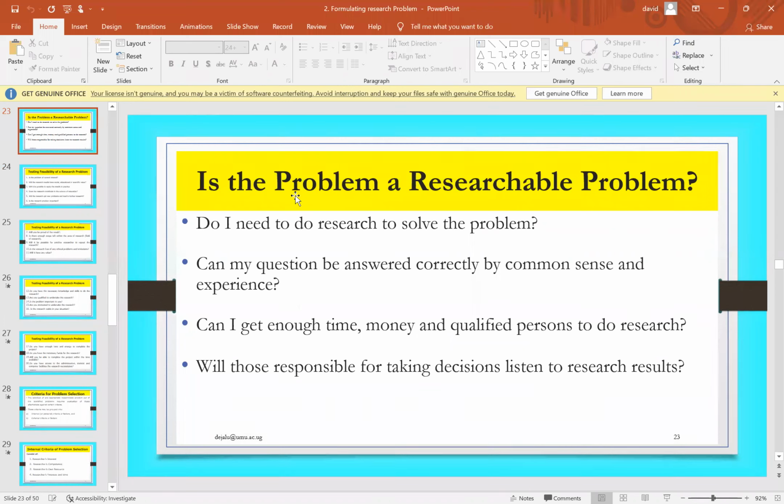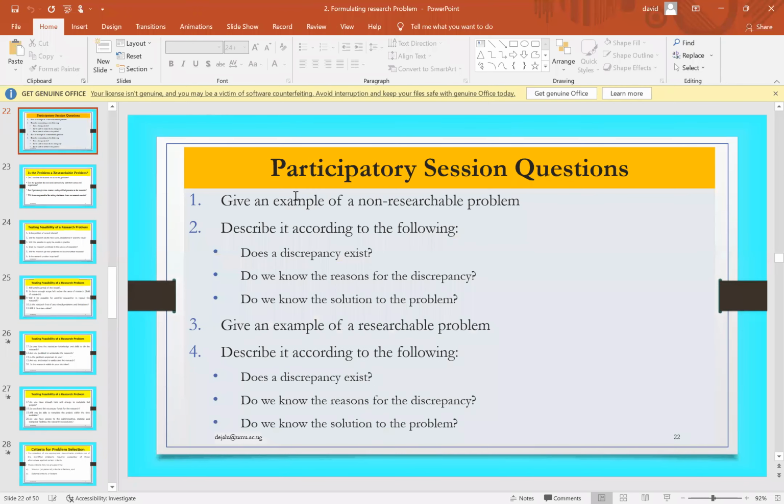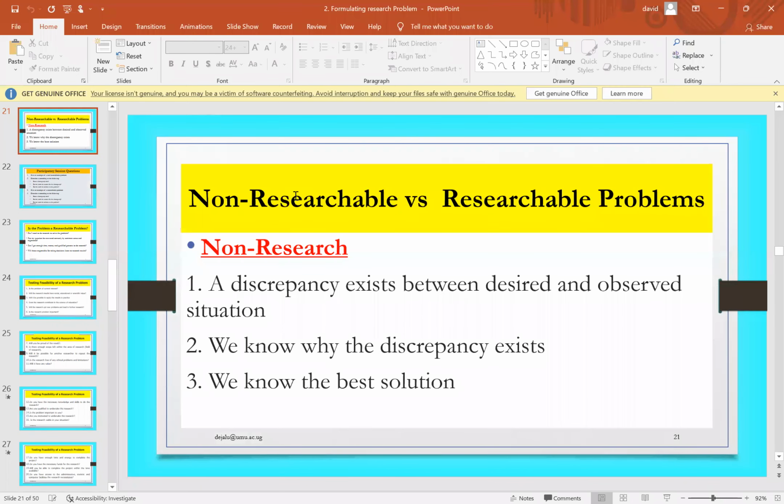So, if you're asking whether you need to research on these things, if there is a discrepancy between the desired and the observed, and we know why the discrepancy is existing, then that discrepancy is a challenge.